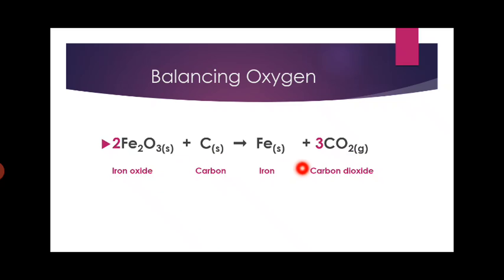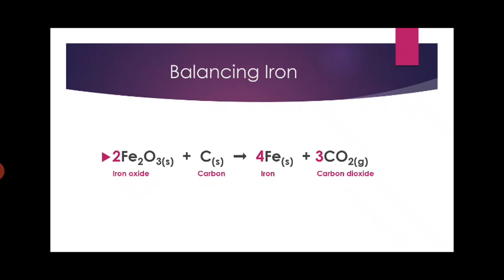It means that oxygen is now balanced, but carbon and iron are not balanced. To balance iron, as we have 4 iron on the reactant side, we place 4 beside iron on the product side. Now iron atoms are balanced.